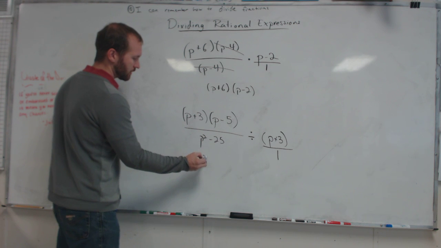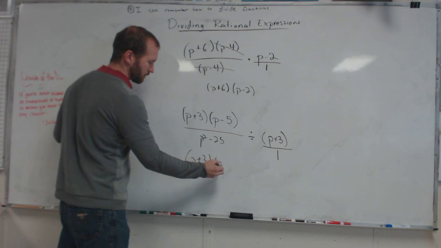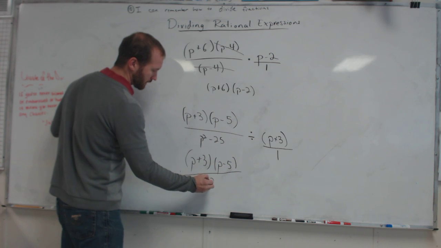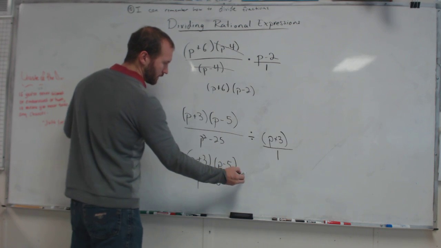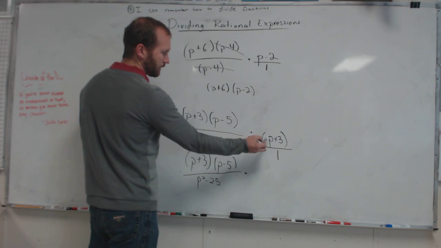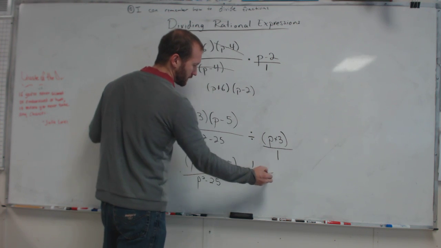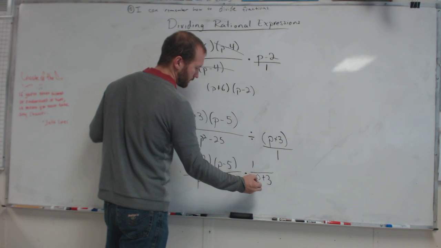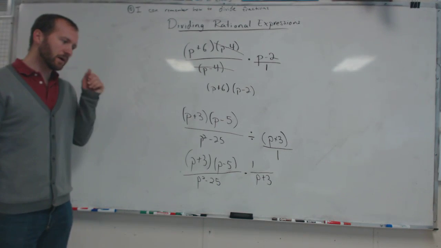So P plus 3 times P minus 5 over P squared minus 25 times, so change the division to multiply, flip the fraction, 1 over P plus 3. And then what can I cancel here?